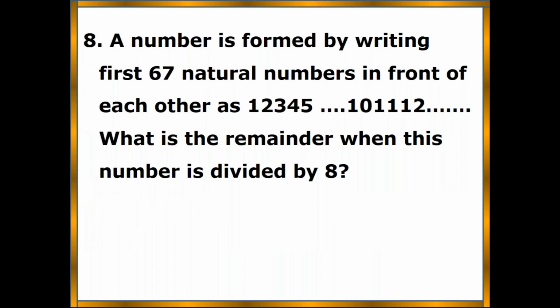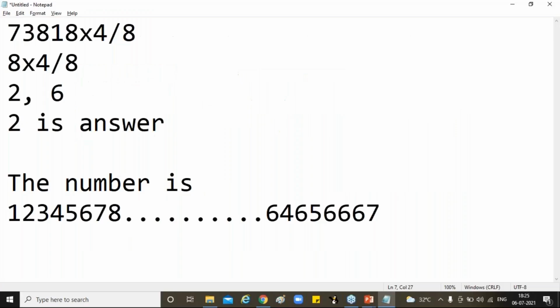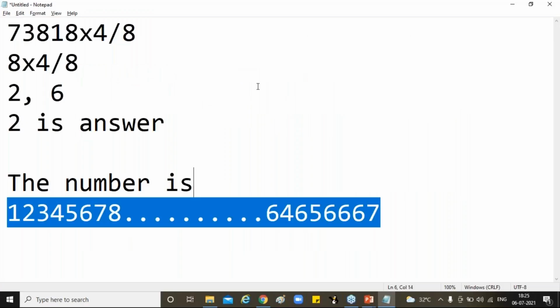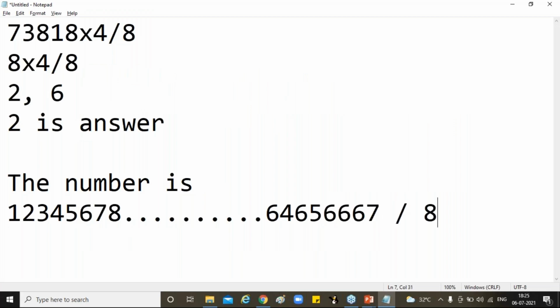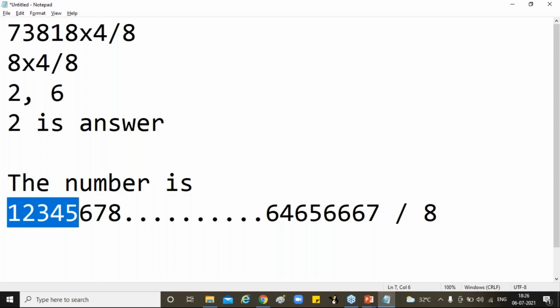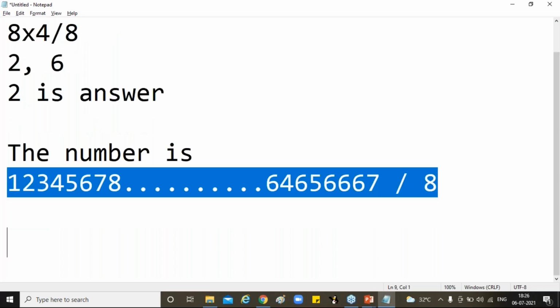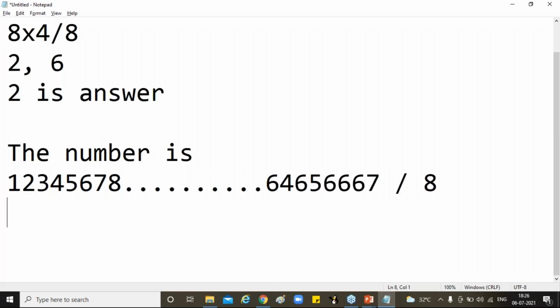Whenever this type of largest number is divided by 8, find the remainder. Whether it is a 2-digit number, a 3-digit number, a 4-digit number, a 10-digit number or a 100-digit number, if a number is exactly divisible by 8, the condition should be the last 3 digits.